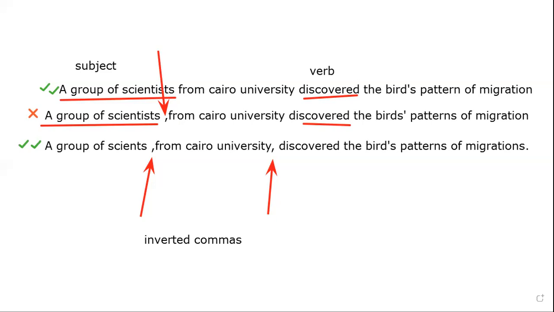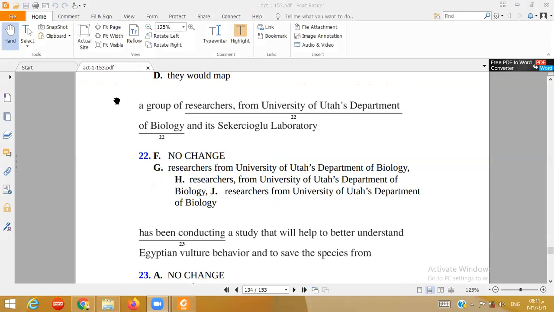All right, let's go back to reading again. Now, number 22, Zain, do you think we should change it? Look, the comma here is useless. I don't see any meaning for that comma.